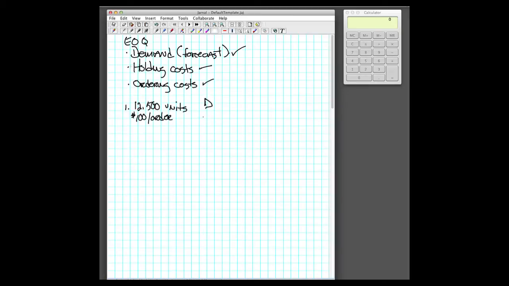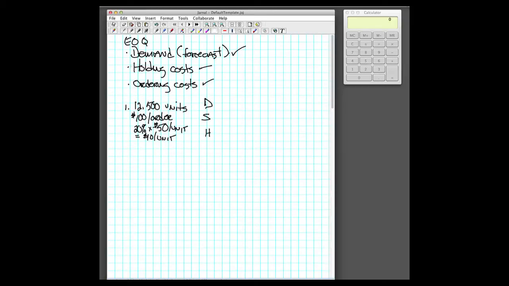We're going to designate that by the variable S. And then last, we're told that when it comes time to hold inventory, Ricky's Oranges estimates that holding costs will be 20% of the unit's value, which they estimate to be $50 per unit. That suggests to us, therefore, that holding costs are going to equal $10 per unit. And we're going to designate that as variable H for our problems.